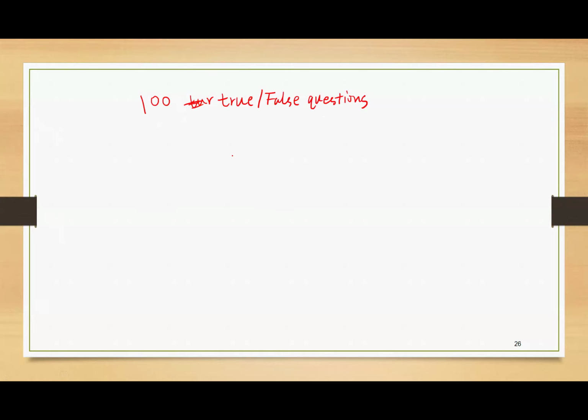And your friend didn't study anything, so he doesn't know the answers. His strategy is to pick all the questions as false.